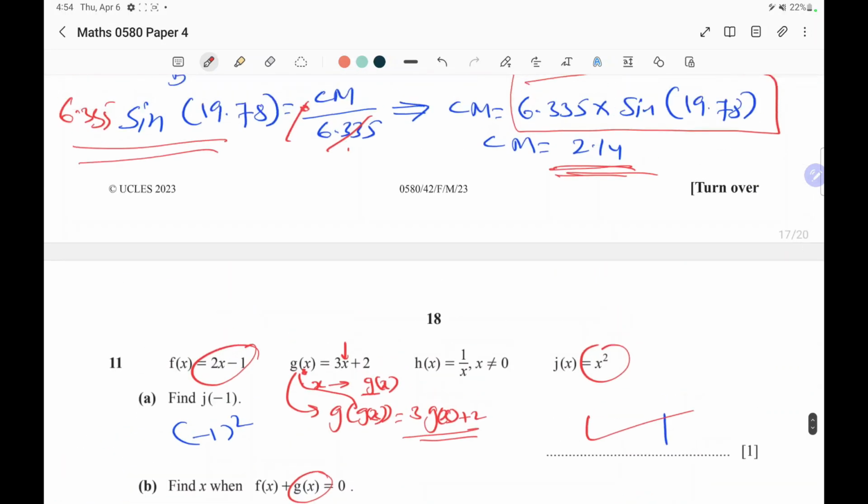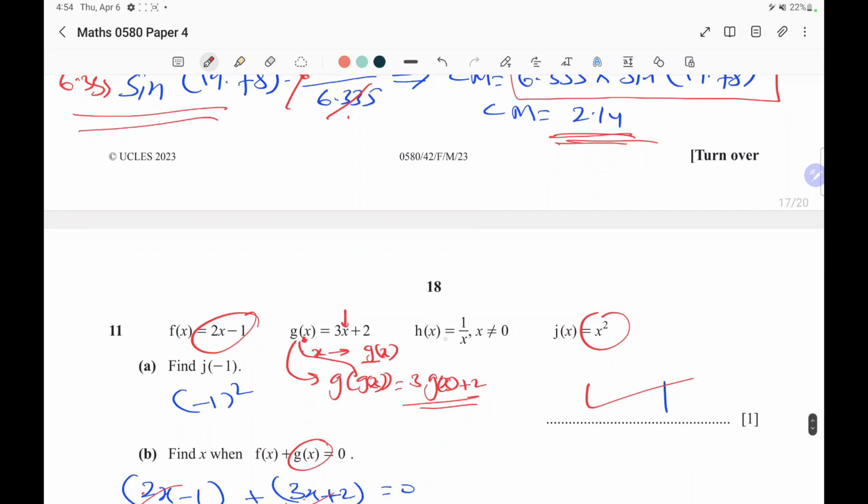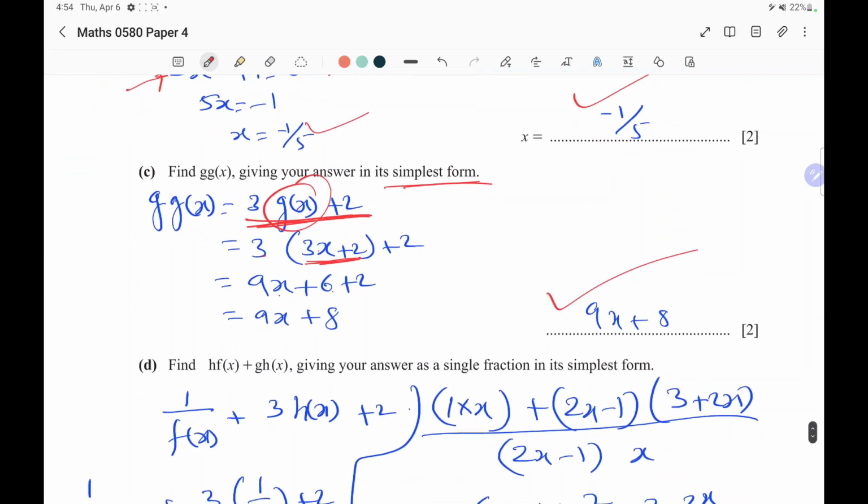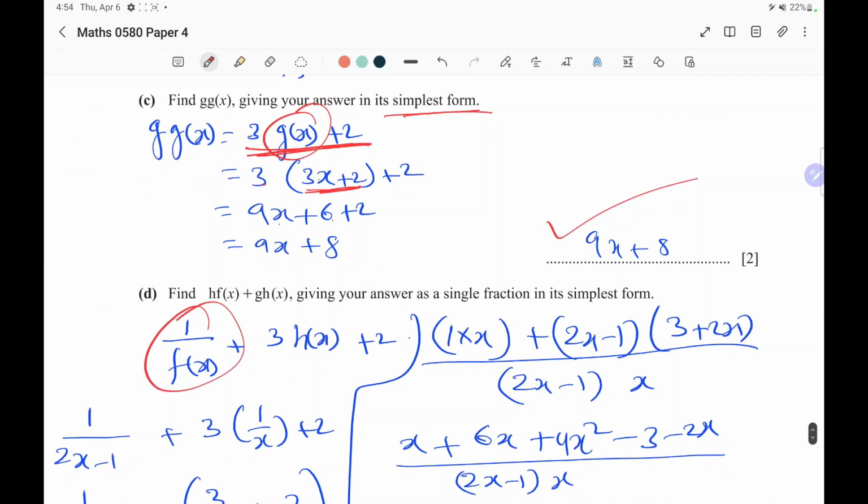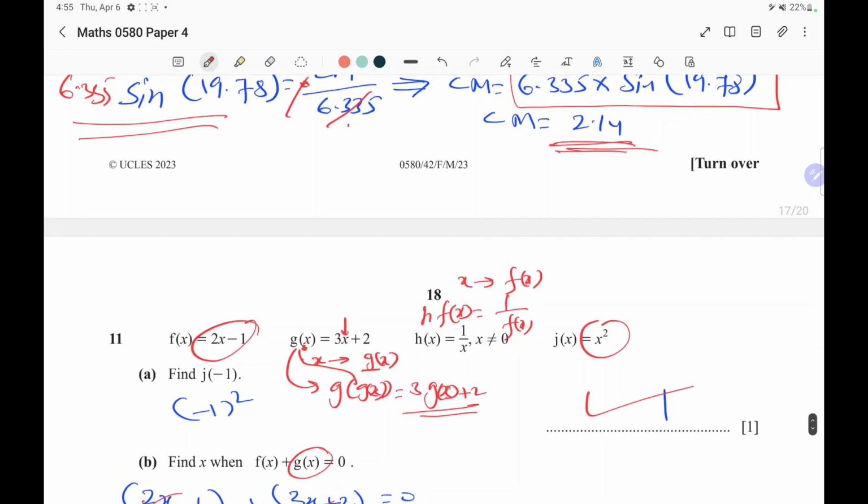Now h of f(x) plus g of h(x), give your answer as a single fraction. h of f(x), so where is h(x)? This is h(x), right? So h of f(x), so here x needs to be changed as f(x). So I will get h of f(x) is 1 over f(x), right? Because x needs to be changed as f(x), so 1 over f(x). Now g of h(x), so where is g?